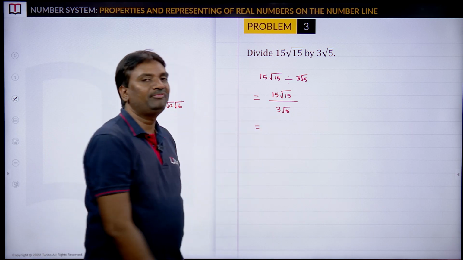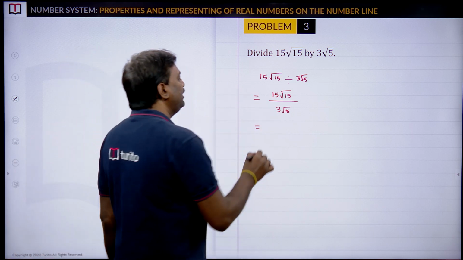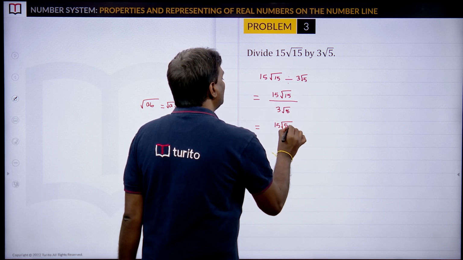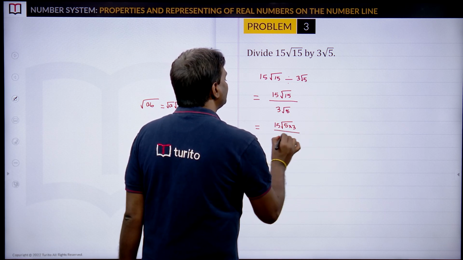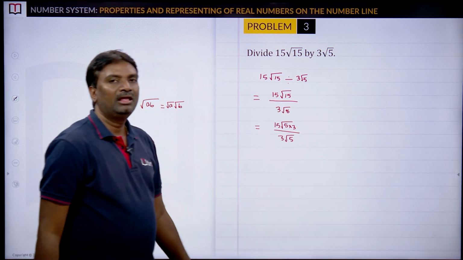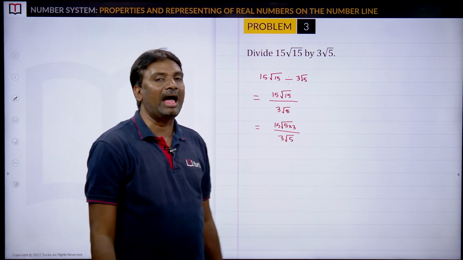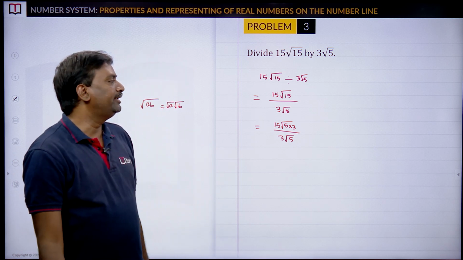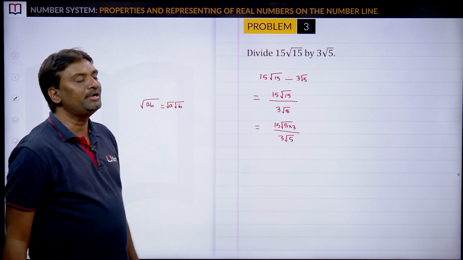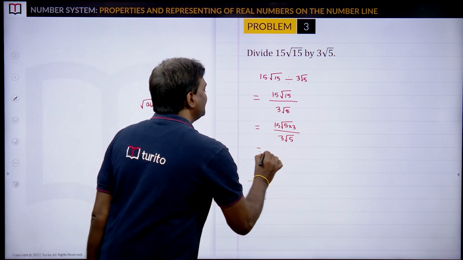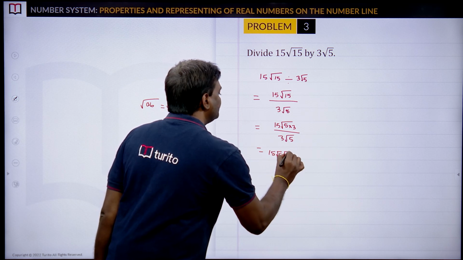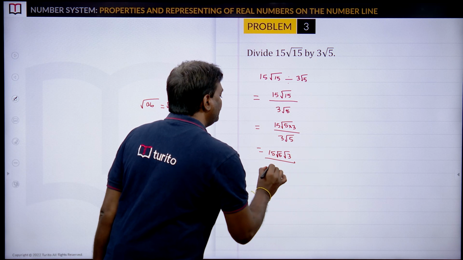According to that, 15 can be written as 5 into 3. So, 15 into root 5 into 3 by 3 into root 5, where the numerator root 15 is written as root 5 into root 3.